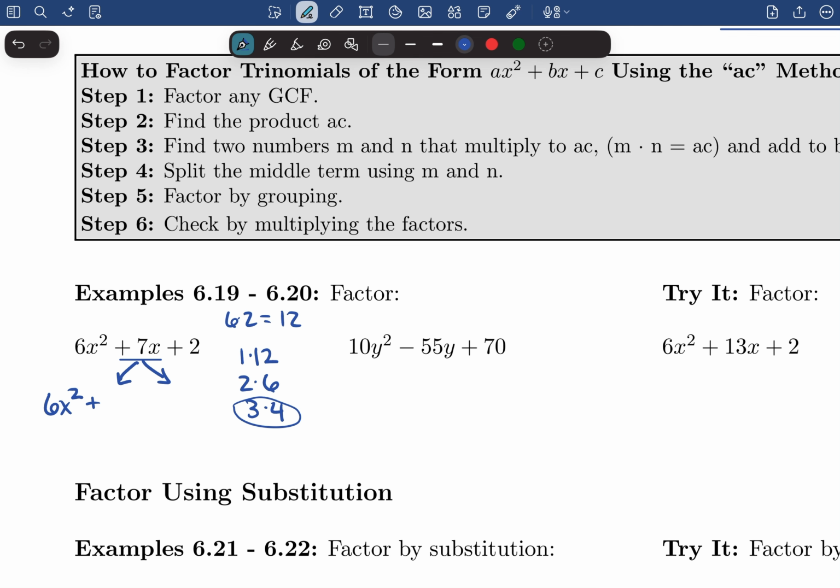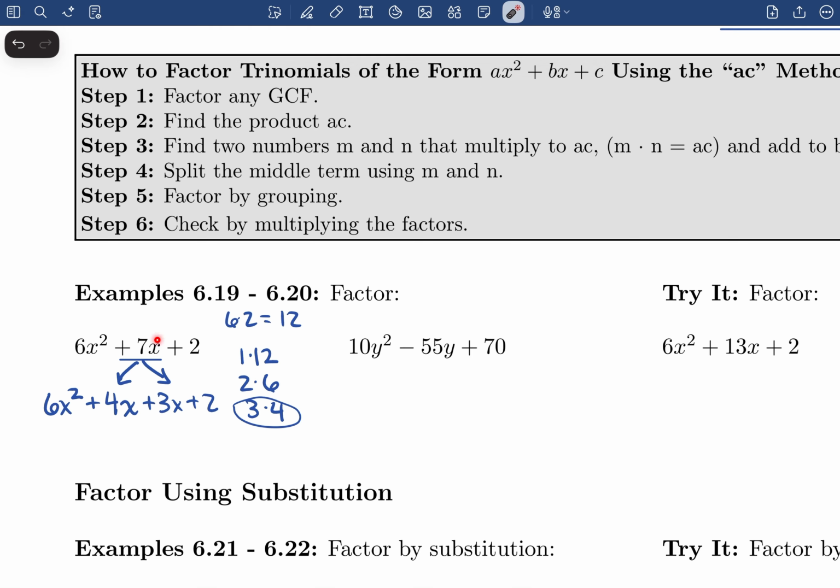So I write a plus, I'll put the 4x first, and then a plus 3x, and then a plus 2, like that. So what I've done is I've split this b term, this middle term, into two separated terms from my list of options here. Okay?